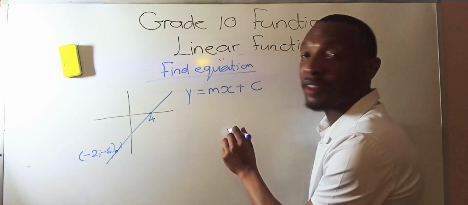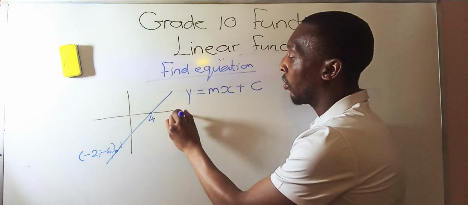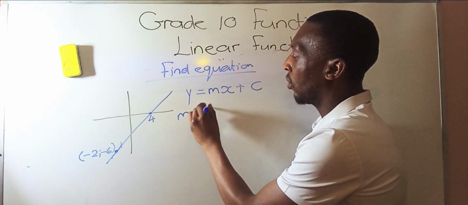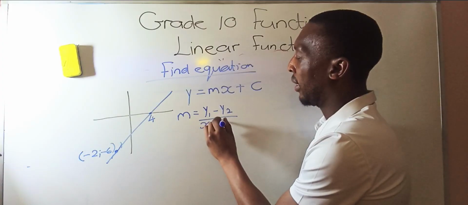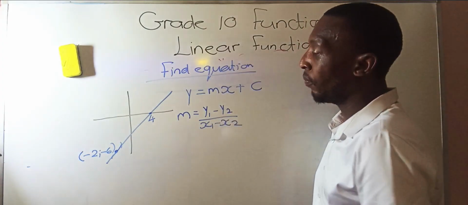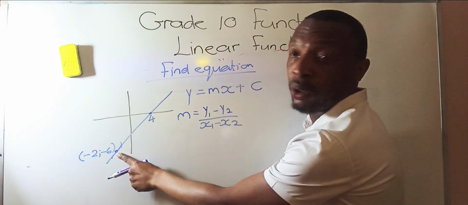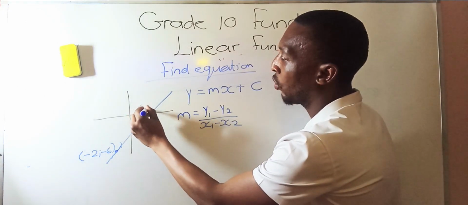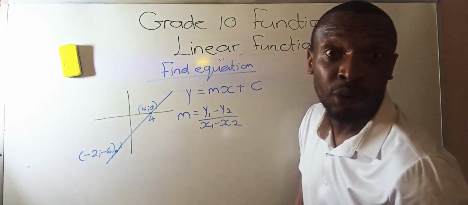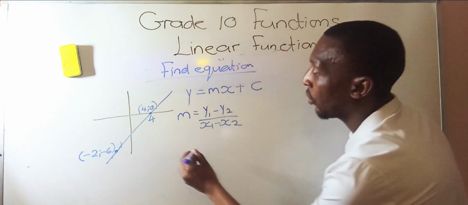So how do we work out the gradient then? Gradient is y1 minus y2 over x1 minus x2. Those are the coordinates of point 1, and the coordinates of point 2 would be 4, 0. So let's substitute.